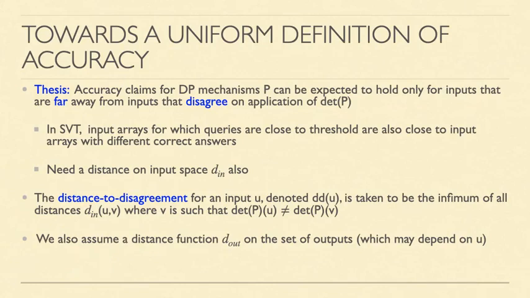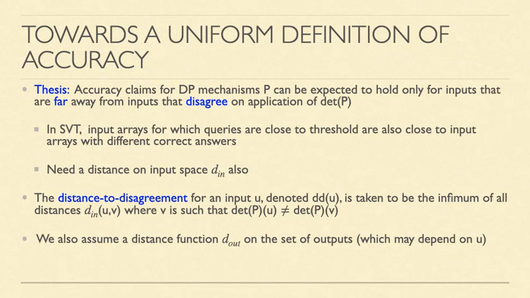Okay, so what we saw was that this situation with SVT repeated for other examples also, and that for DP mechanisms you also need to consider a distance function on the set of inputs, which we call d_in.